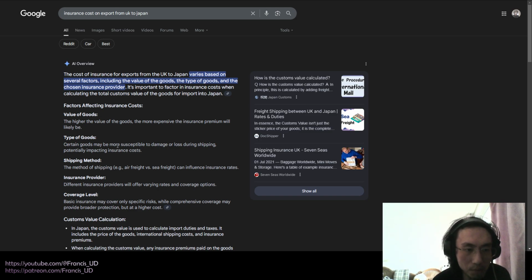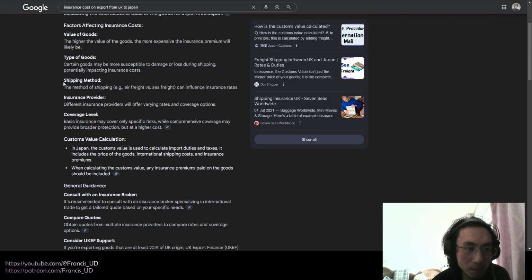Certain goods may be more susceptible to damage or loss during shipping, potentially impacting insurance costs. Shipping method. The method of shipping, for example, air freight versus sea freight, can influence insurance rates.